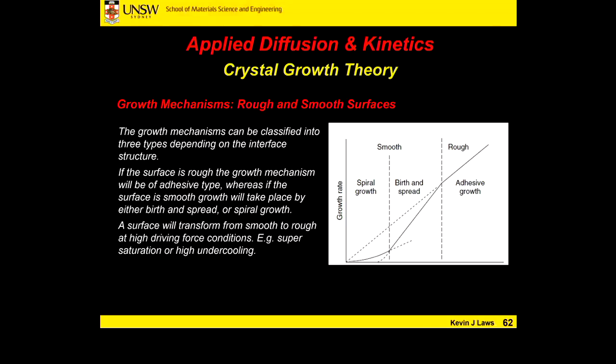This is the basis of growing dendrites and dendritic structures in materials. So with very high undercooling and very high cooling rates, atoms must attach, they must grow, and don't have time to diffuse to form nice smooth surfaces or spherical crystals. They just attach as best they can. As we mentioned previously, they attach on very specific planes of the lowest energy first and grow very rapidly from those. That's why we get these plate structures or needle structures or dendrite structures.